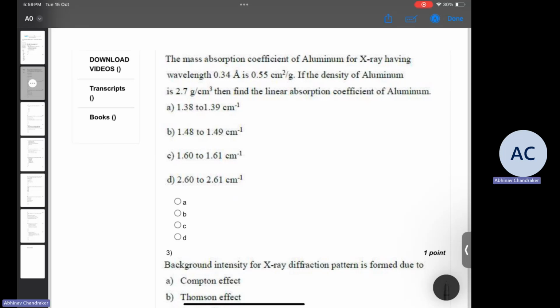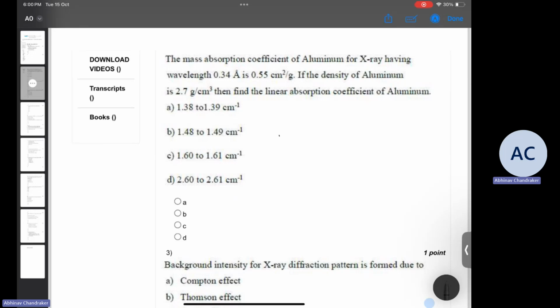If density is 2.7 gram per cc, then find the linear absorption coefficient for aluminium. In this question, we have been given the value of mass absorption coefficient for X-rays, and we know the density of the material. We need to find the linear absorption coefficient.